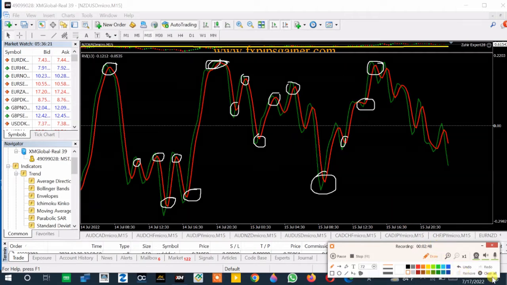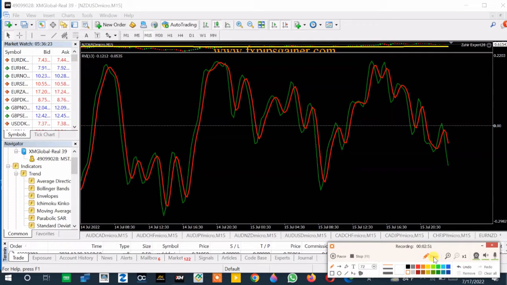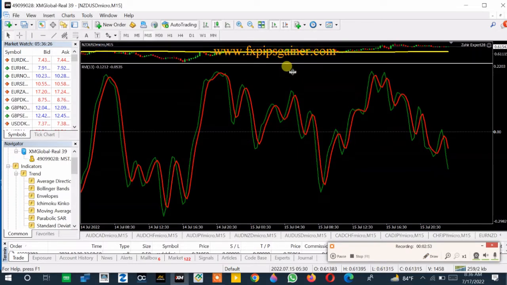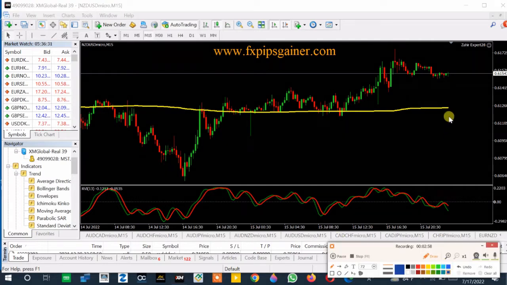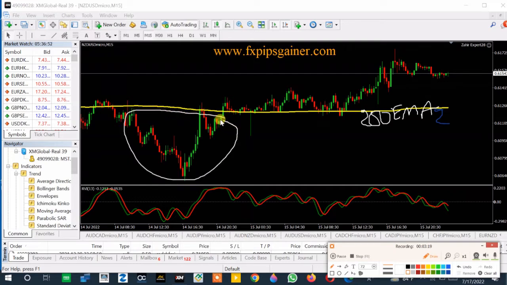Okay, now I'm setting here the 200 EMA moving average. This yellow line is the 200 moving average. We all know that when price is above this moving average, that is uptrend, and when price is below the moving average, it is downtrend.